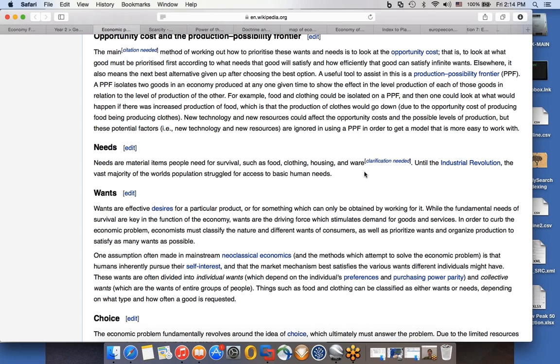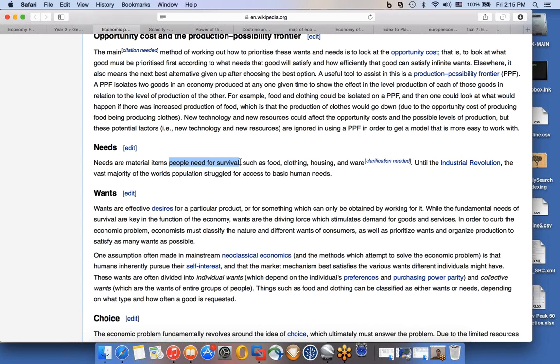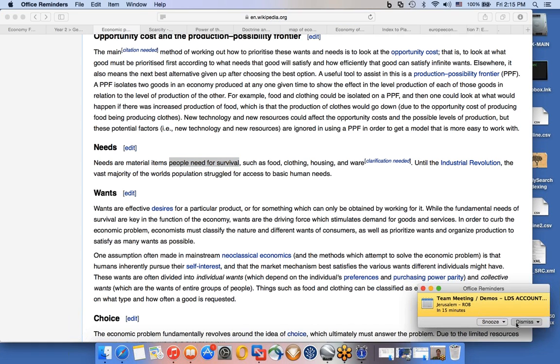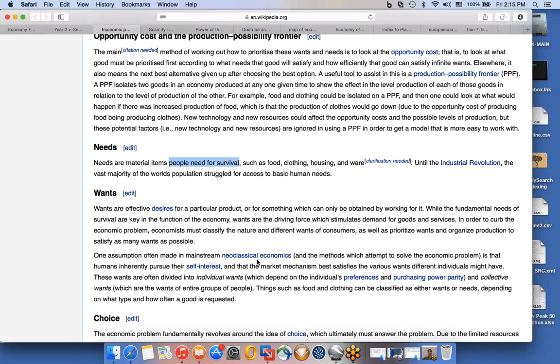So we need to edit this article and make it better, really. So needs are things that people actually need for survival. Wants are not necessarily things that are necessary for survival, but are things that we are willing to pay for because there is a desire for that particular product.